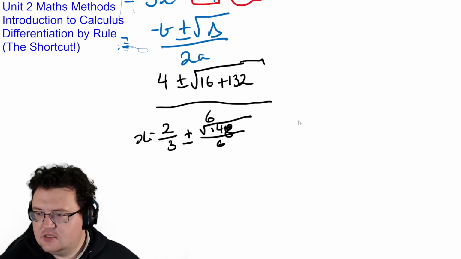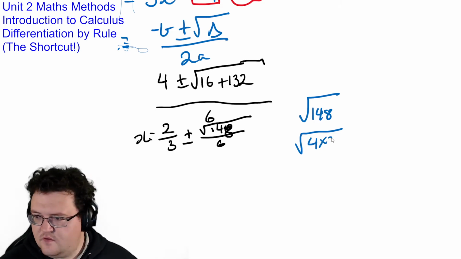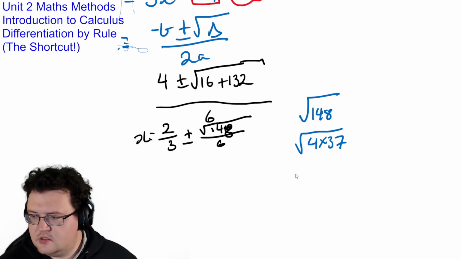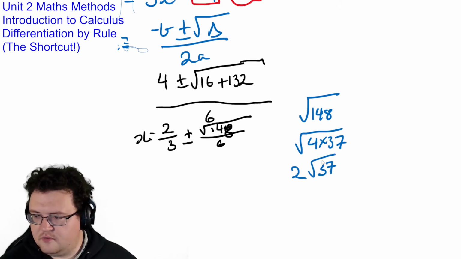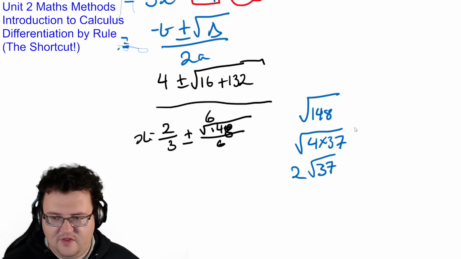All right, so as an aside over here, 148 will break down into 4 times 37. So that'll be 2 root 37. 37 is a prime. We can't do anything else with it.